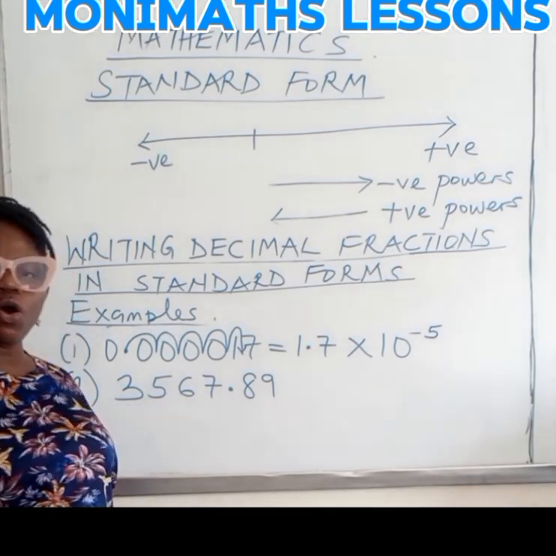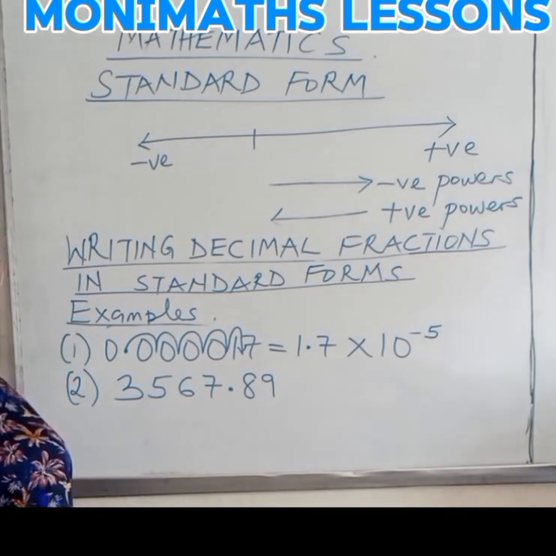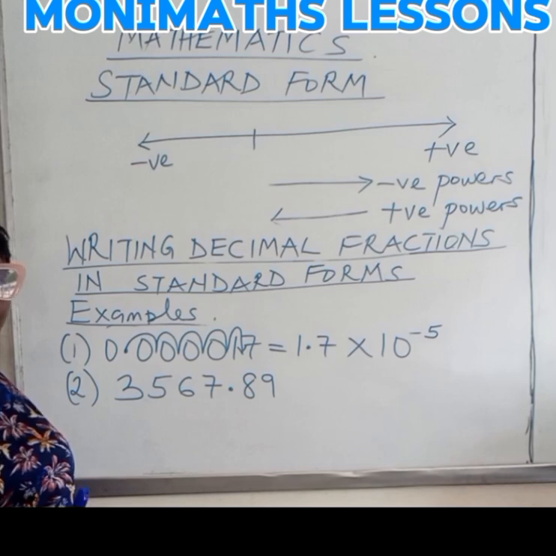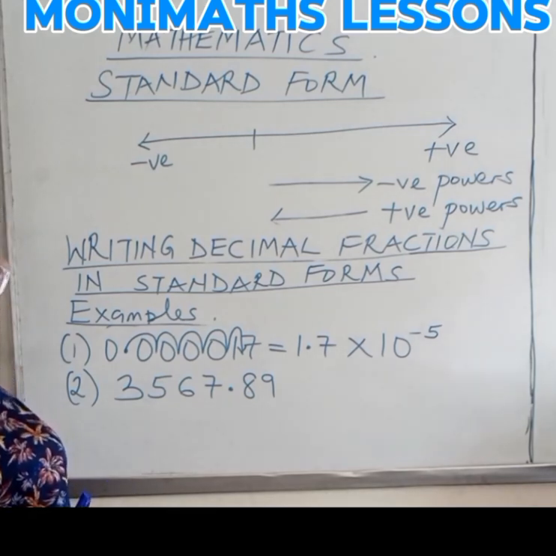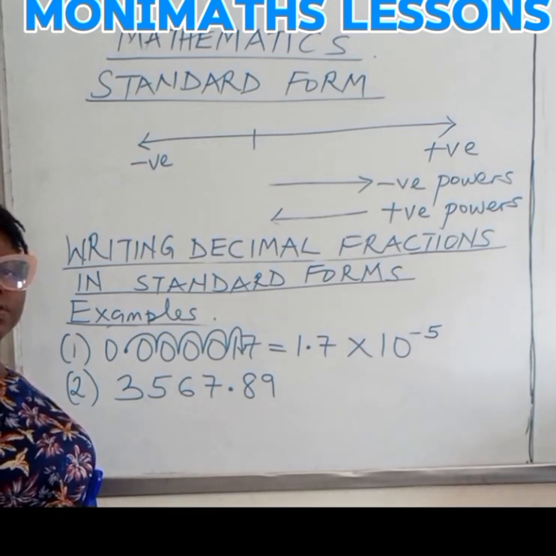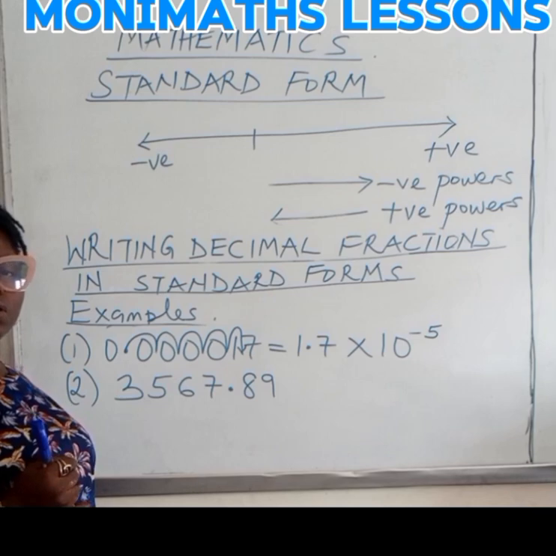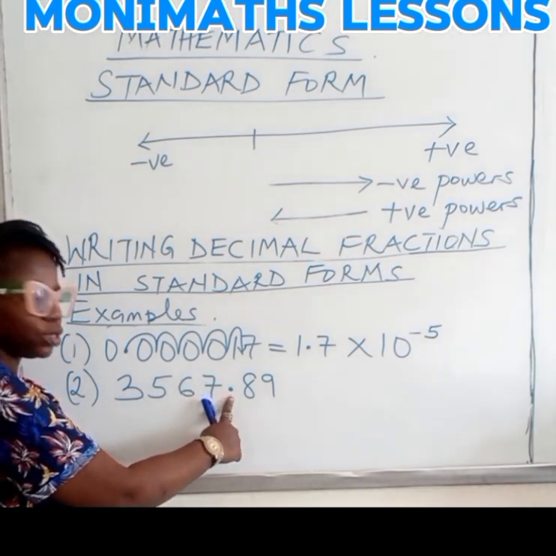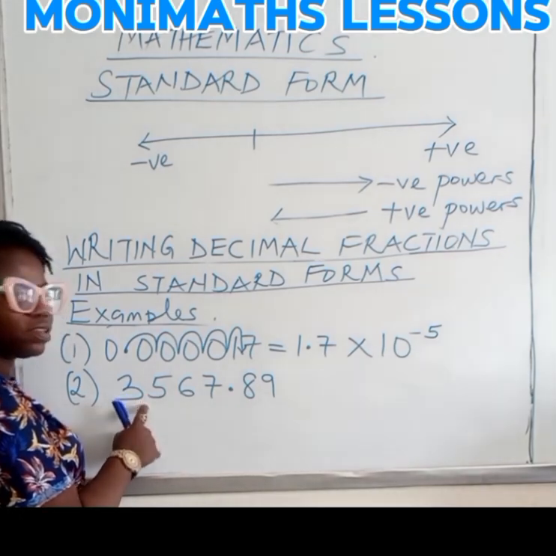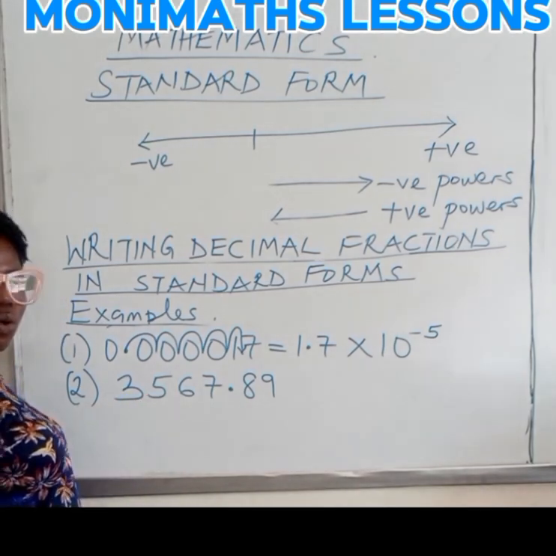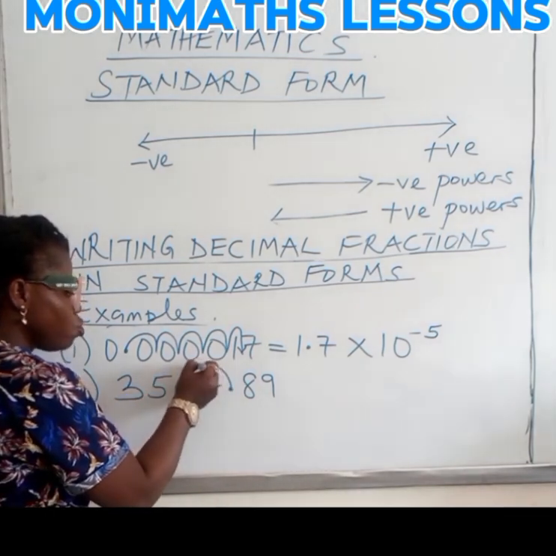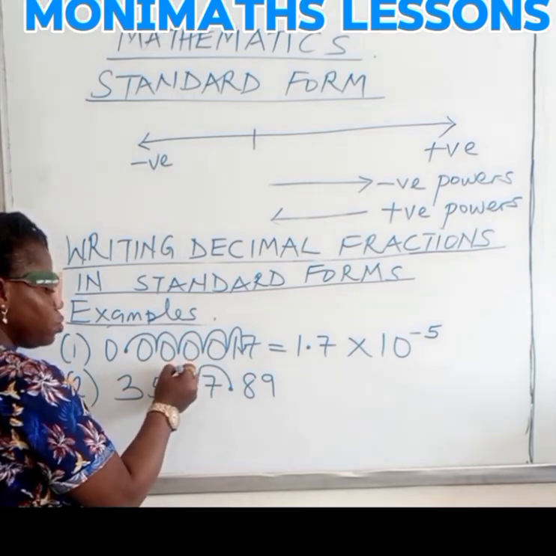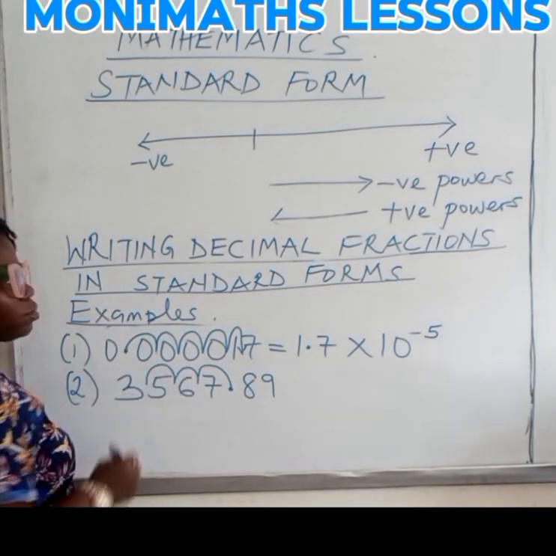Let us see this second example. This is a mixture of whole numbers and decimal fraction. How do we write this in standard form? Just like we have dealt with whole numbers, we have to move this decimal point from the back of this unit to the back of the first digit here. So we move towards the left once, twice, thrice.